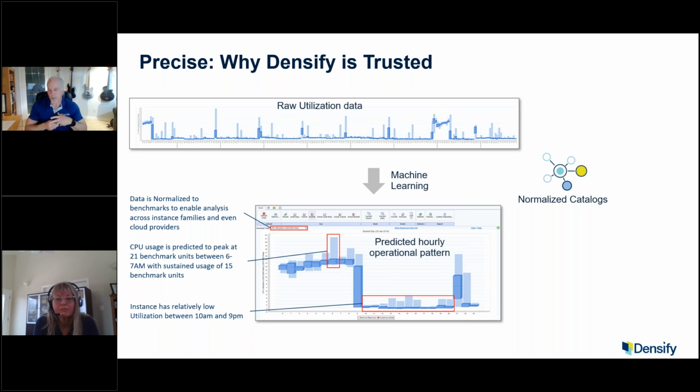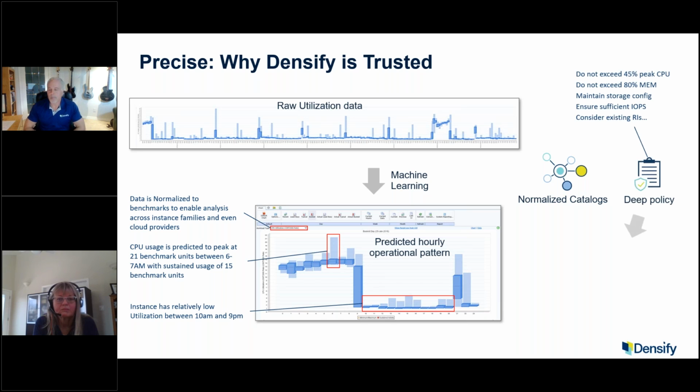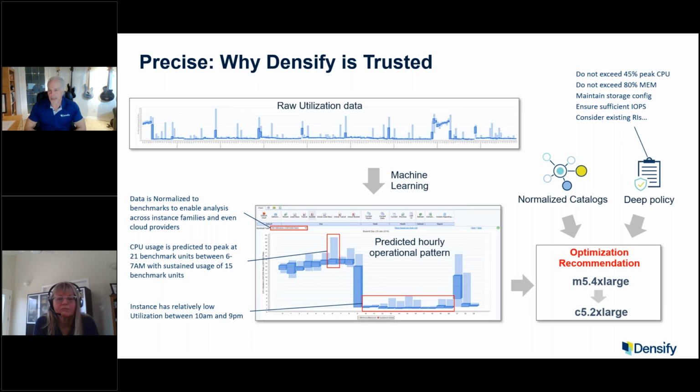We'll add into that normalized catalog. So we'll do an analysis of this workload on every single catalog it's available to run on. We'll add in the deep policy that says, you can only run at a certain peak CPU utilization, a certain amount of memory, maintain the same storage config, consider the existing reserved instances that are running. We didn't go back to that in the last chart, but considering whether or not you're covered already by a long-term savings vehicle.